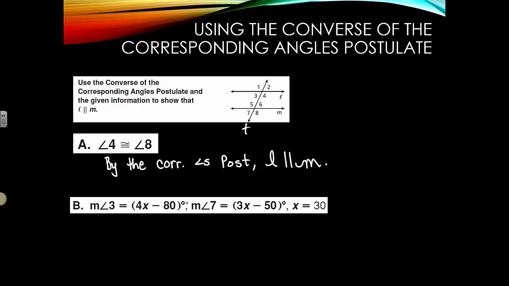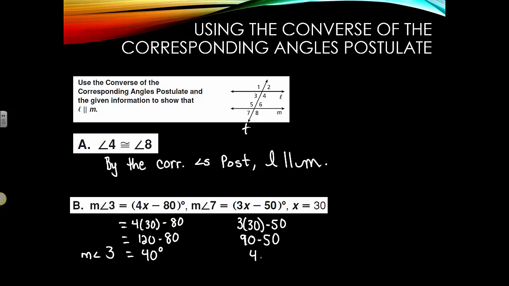Likewise, if we look at angles 3 and 7, they are also corresponding angles. So they give us an expression for angle 3, an expression for angle 7, and they tell us x is 30. So if we can show that these are congruent, then that means that the lines are parallel. So for angle 3, I'm going to do 4 times 30 minus 80, which is 120 minus 80. So angle 3 is 40 degrees. And then for angle 7, I'm going to do 3 times 30 minus 50, which is 90 minus 50, which is 40 degrees.